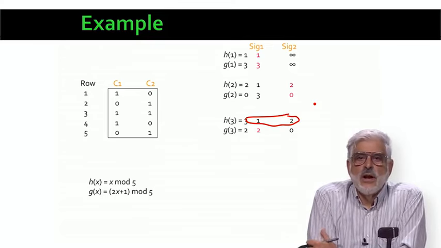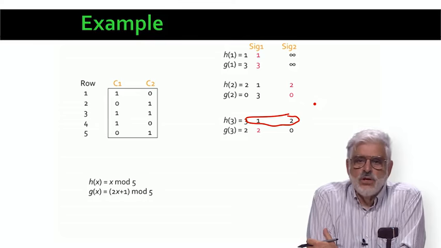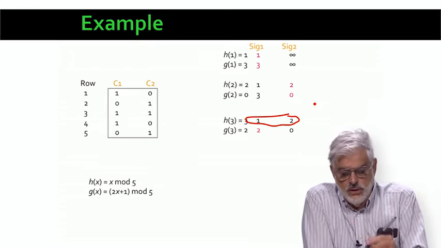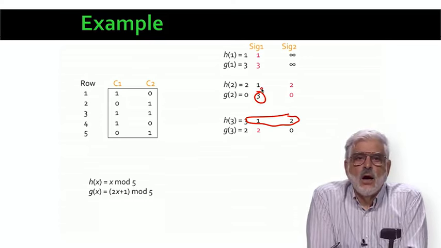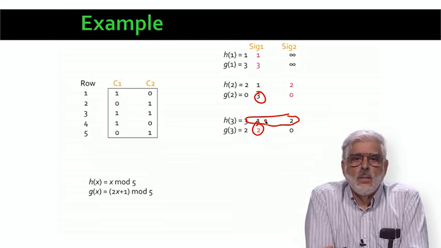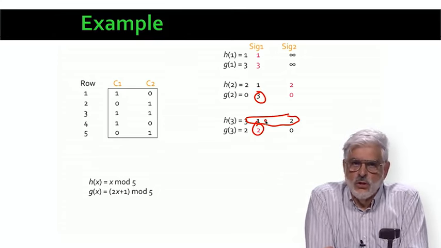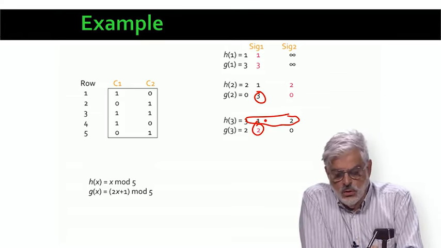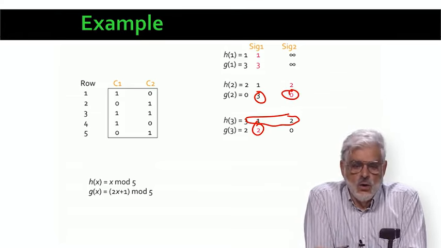So we do not change either first component. Now, g of 3 is 2, so we might change either second component. For the first signature, the current value is 3, so we lower it to 2. But for the second signature, the current value is already 0, so we leave it at 0.